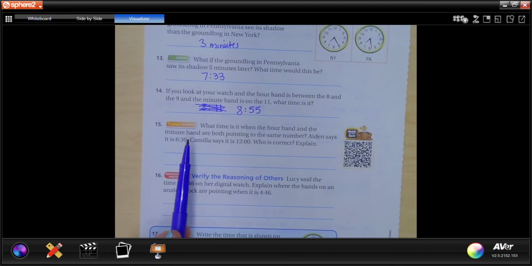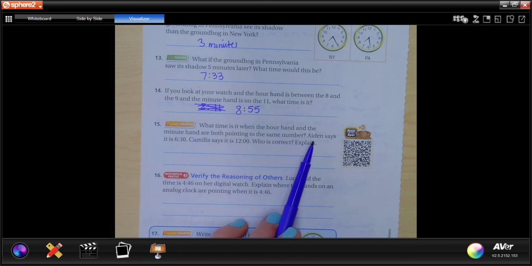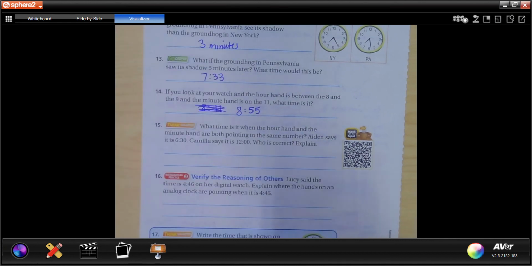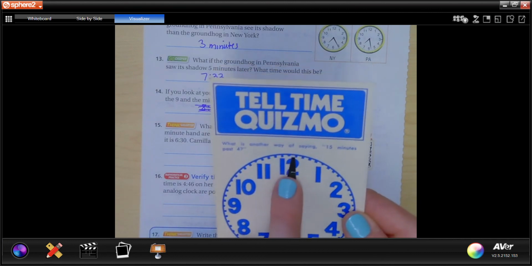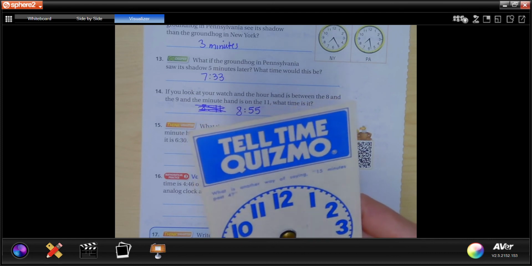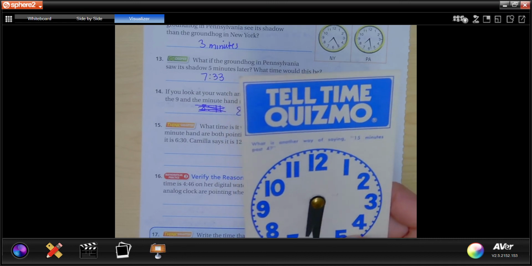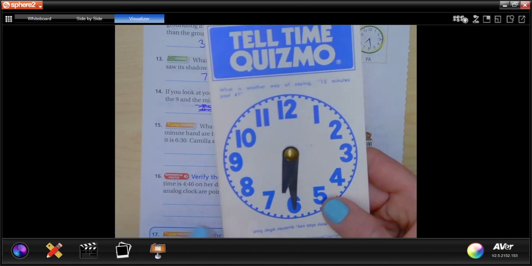Number 15. What time is it when the hour hand and the minute hand are both pointing to the same number? Aiden says it's 6:30. Camilla says it's 12. Who is correct? Explain. Well, if it's 12, it looks like this. And if it's 6:30, it looks like this. Because the hour hand is then between the 6 and the 7 for 6:30, so they aren't pointed directly at the 6.